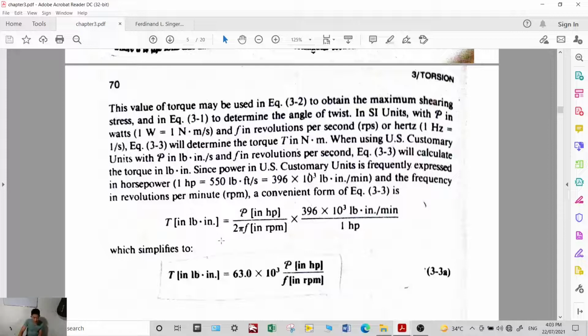Also, you will find other equations for power in terms of constants. Again, take note of this; usually it is in the English system. 1 horsepower, the unit for power, is just 550 pound-feet per second, or this is equal to 396 times 10 to the 3 pound-inch per minute, and the frequency in revolutions per minute.